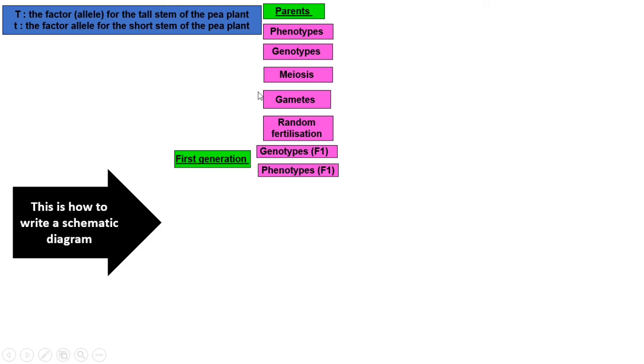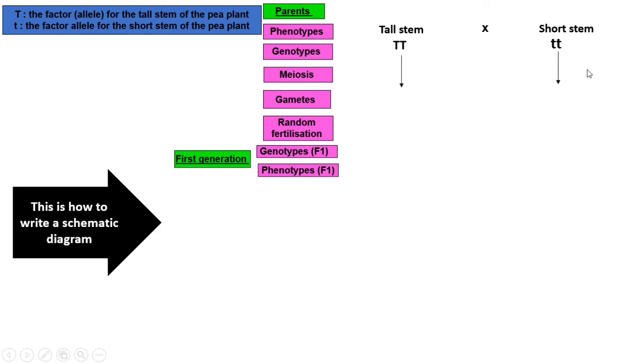So first of all, we start with the purebreed. Tall stem is the phenotype. Short stem is a phenotype. So the genotype is capital T and small t. For meiosis, we can use the arrow as a symbol of meiosis, and then the gamete.